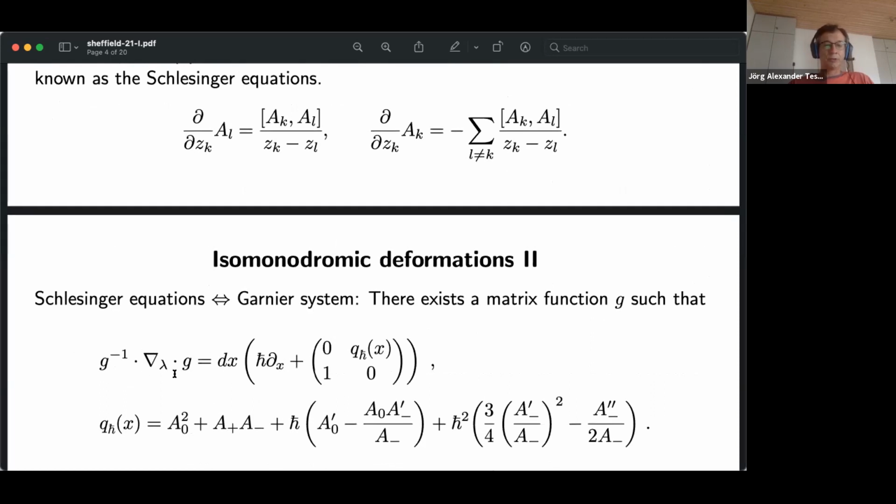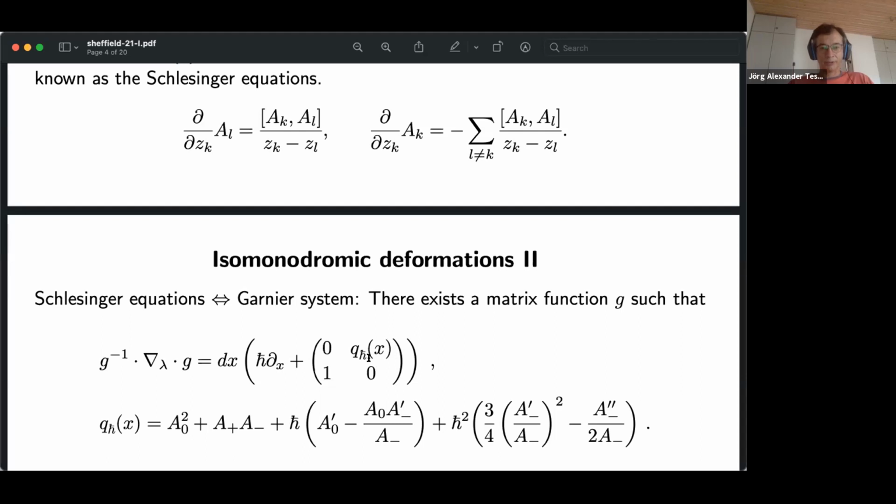And then you can consider gauge equivalence of holomorphic connections by holomorphic or almost holomorphic matrices G. And with this, you can bring the connection 1 form to a very special form. You can produce 2 zeros here and a 1 there. And then all that was in the connection 1 form, the matrix function A of y, is going to be packaged into just a single function that we denote here with a Q H bar.